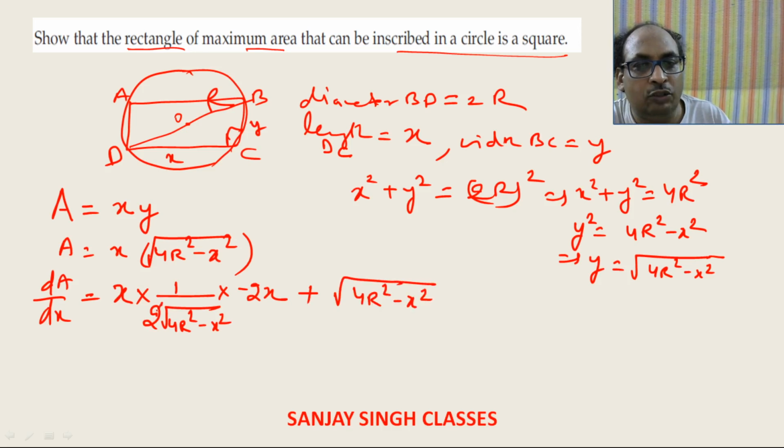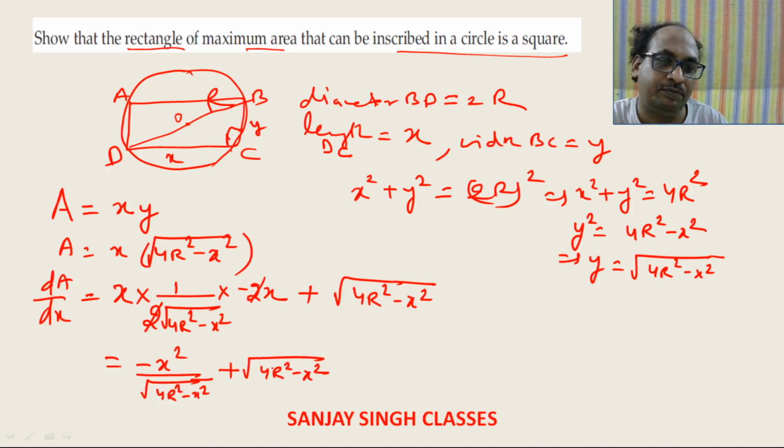In this case, this 2 and 2 will get cancelled, and we will get minus x square by whole root 4r square minus x square, plus whole root 4r square minus x square.